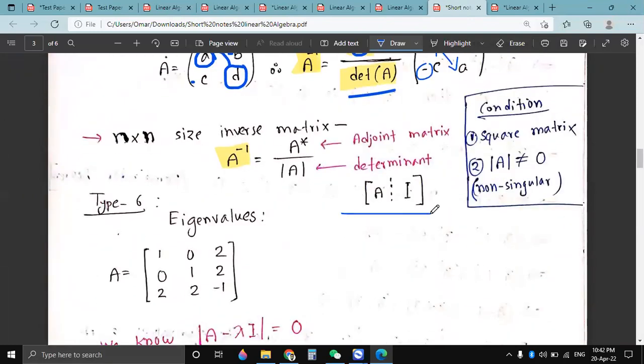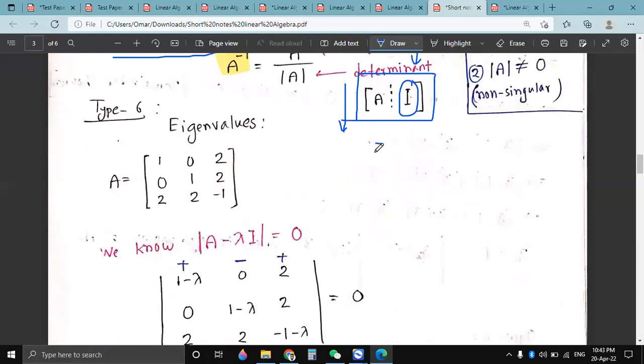You see here. So we know that to find the inverse matrix of n by n size, the formula is that we just write down a corresponding identity matrix on the right side, and then we do the row operations, and we make this A an identity matrix, and on the right side we will get our inverse matrix, right?